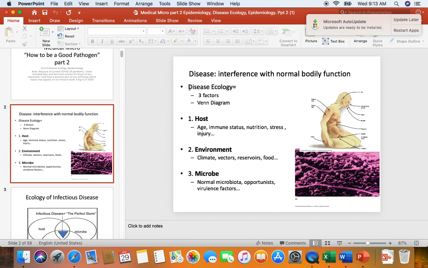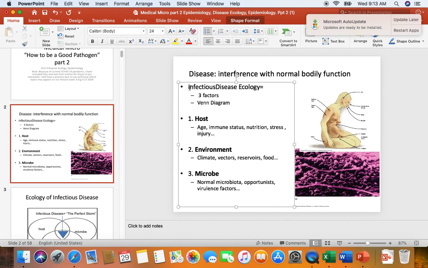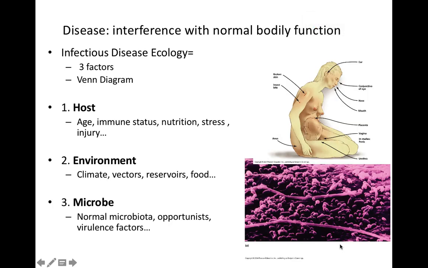So if we're talking about infectious disease ecology, there are 3 factors that contribute to the occurrence of infectious disease. And we'll see in the next slide, often we'll use a Venn diagram showing how host factors, environmental factors, and microbial factors have to be just right. When the factors are just perfect, kind of like the perfect storm, that's when we'll have infectious disease.